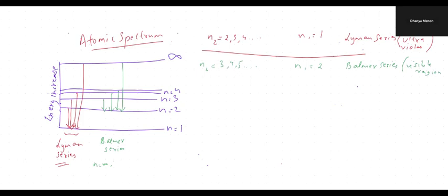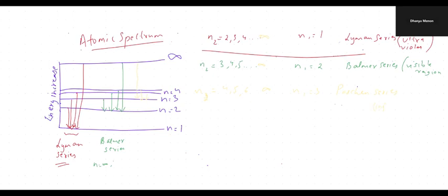Similarly, if the electron is jumping from a higher energy level to N3, N2 can be 4, 5, 6, etcetera up to infinity, and N1 has to be 3. We call it the Paschen series, and this lies in the infrared region.